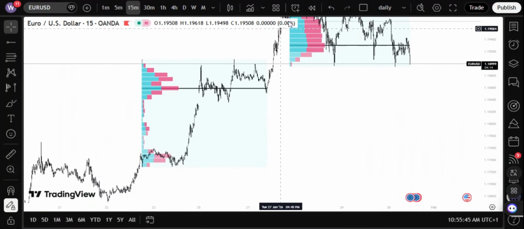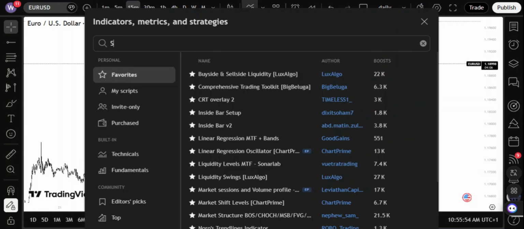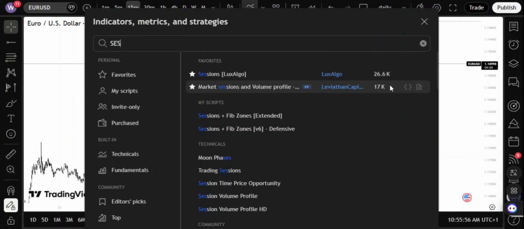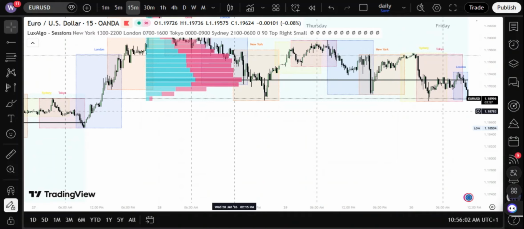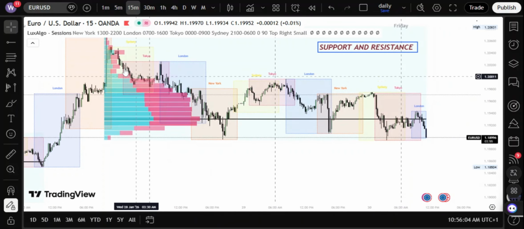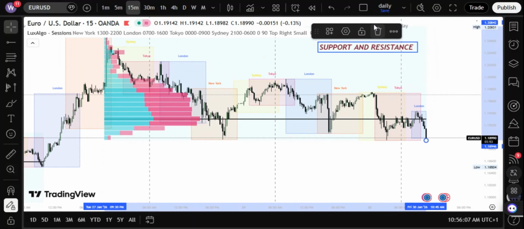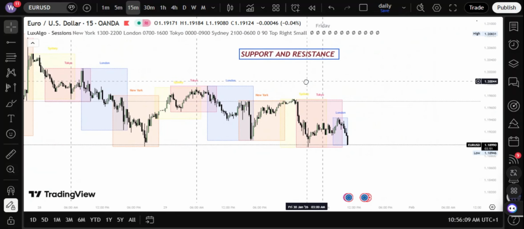Another way you can trade this is to combine it with a sessions indicator. You can go to TradingView and search for Sessions from LuxAlgo. You drop that on your chart, so you have something like this. Let's say you want to take this particular session, the London session.